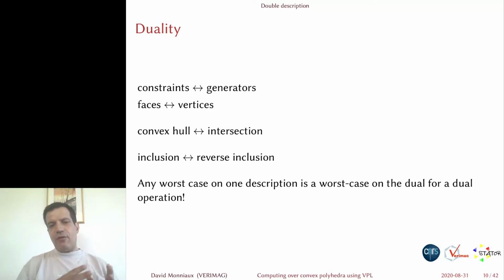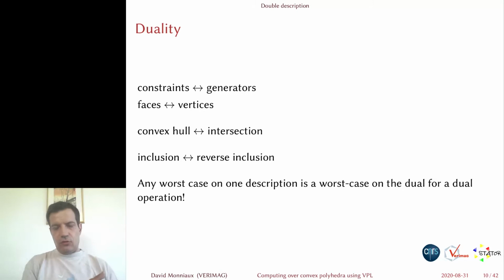Some of these libraries do not always recompute both descriptions at every step, but in some cases you actually need to do that. And this is important. There is also another important point, that is duality. Whatever happens in one description also happens in the other description, because you can convert one polyhedron to its dual.